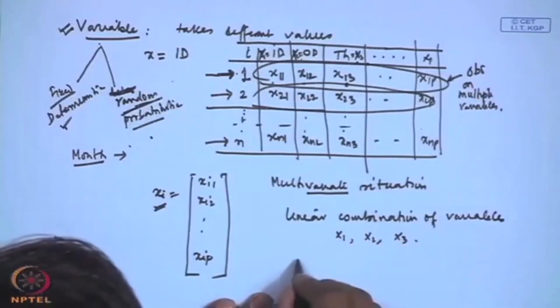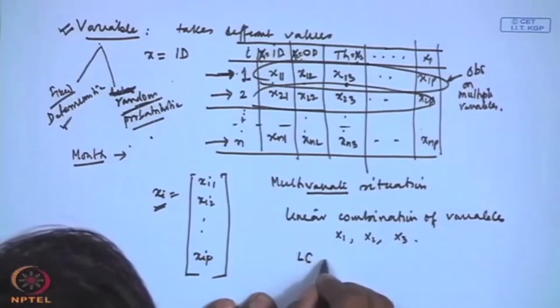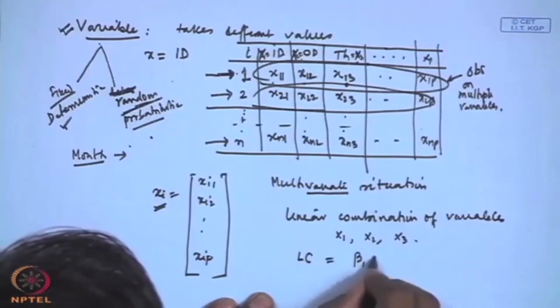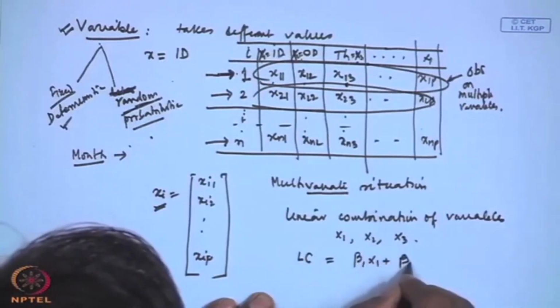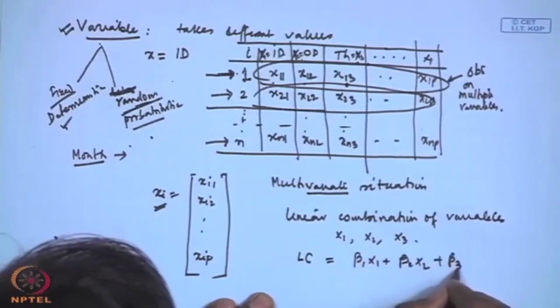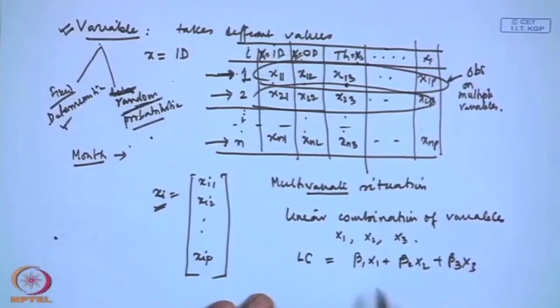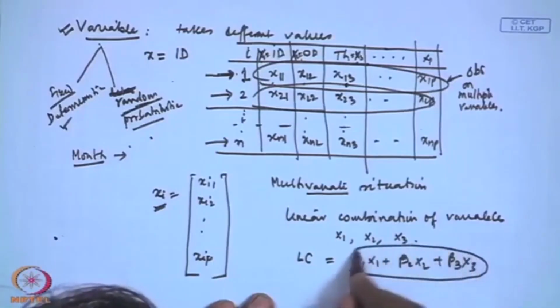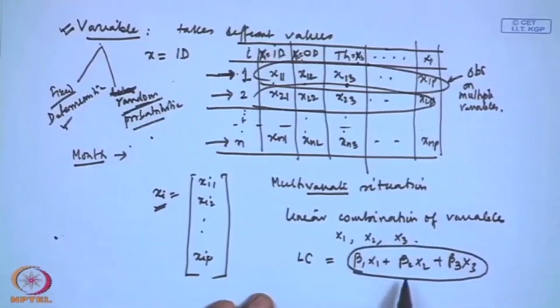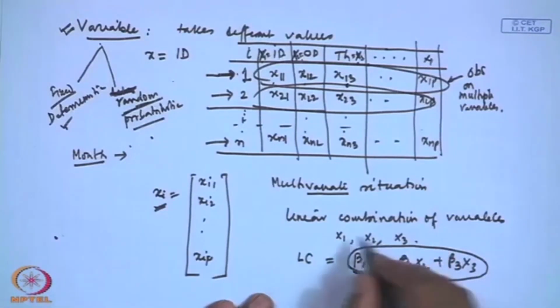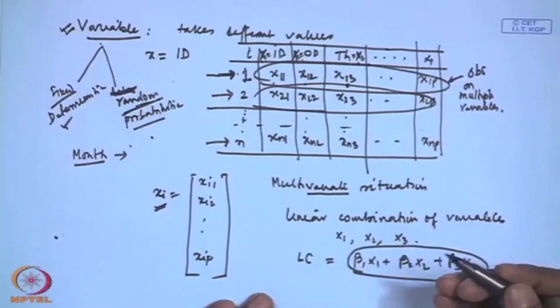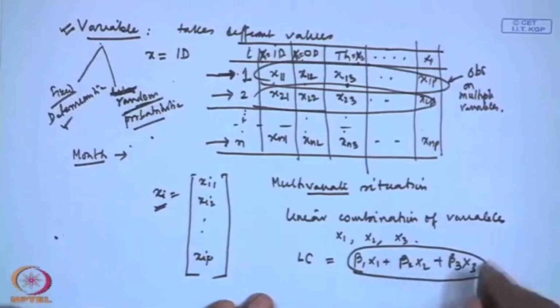If I create a linear combination LC, which is beta 1 x1 plus beta 2 x2 plus beta 3 x3, this combiningly will give a quantity or a value, or other way we can also say a variable, which is a linear combination of variables, which is variate. This is variate.